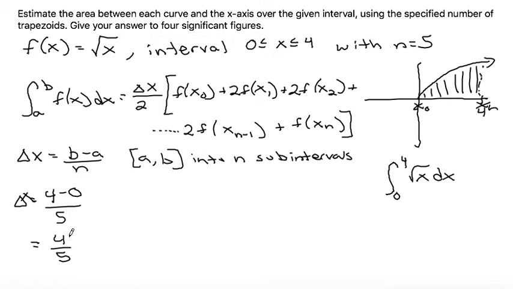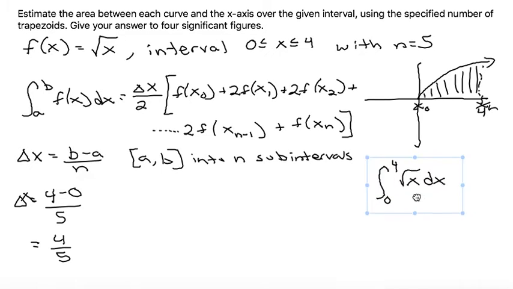Now that gives us our delta x, and we need to identify what all of our x's are. So let's first draw this out. Let me just copy this over here.